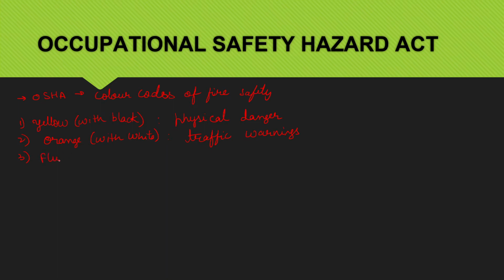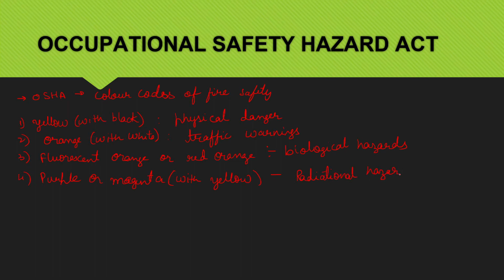Fluorescent orange or red orange is for biological hazard. Purple or magenta with yellow is for radiation hazard. Red is for fire protection equipment.